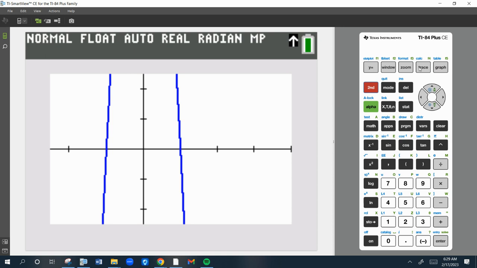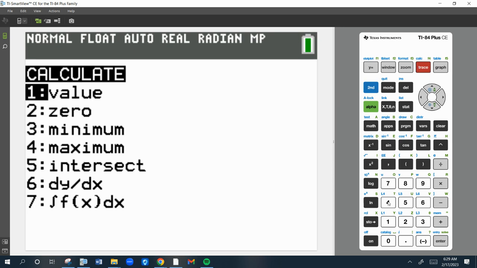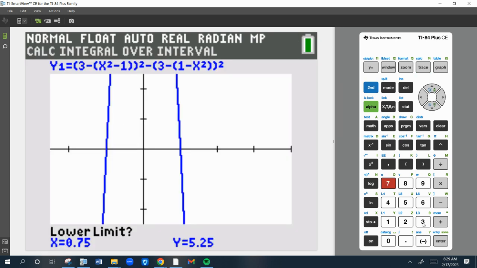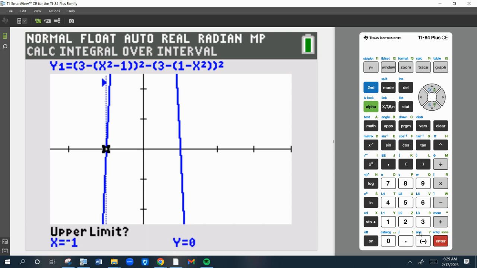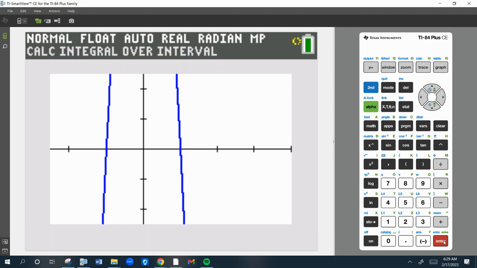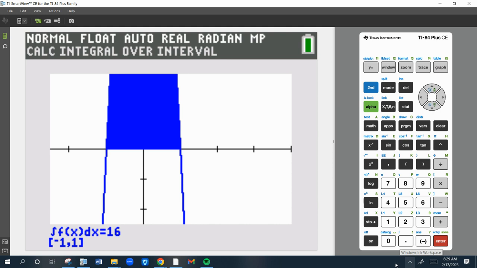That's usually an indicator. So let's calculate the integral from -1 to 1. And I'm getting exactly 16. That's interesting, and that makes me feel a little confident. I don't know why, but it does.